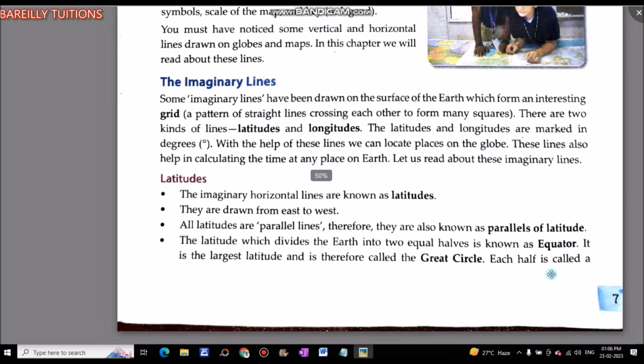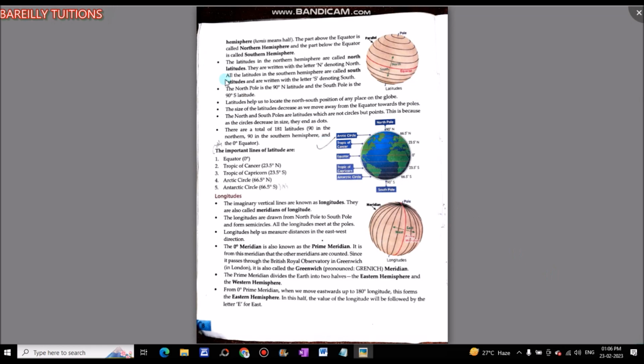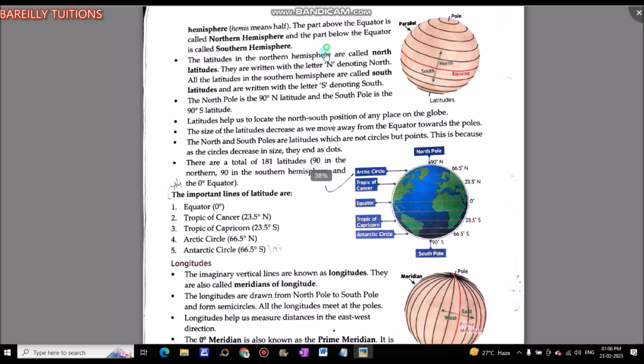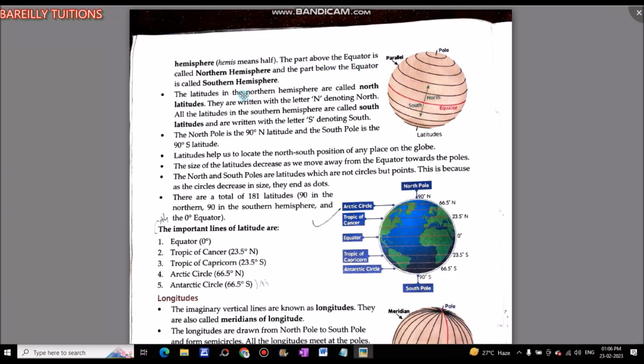Each half is called hemisphere. Hemis means half. The part above the equator is called northern hemisphere and the part below the equator is called southern hemisphere.